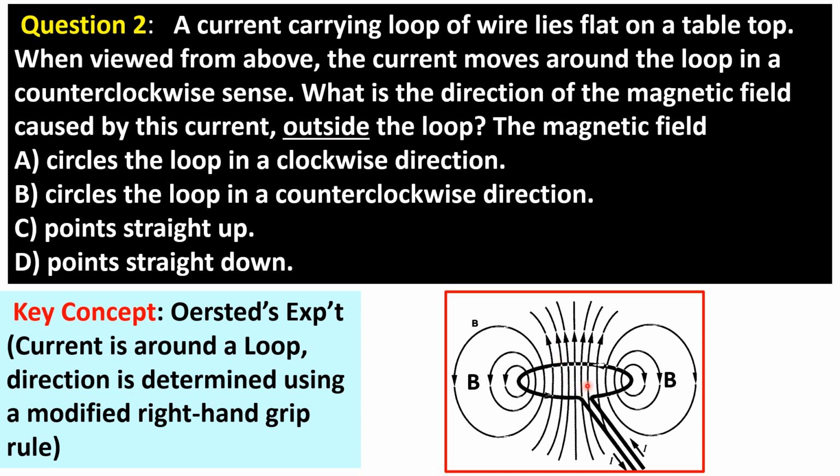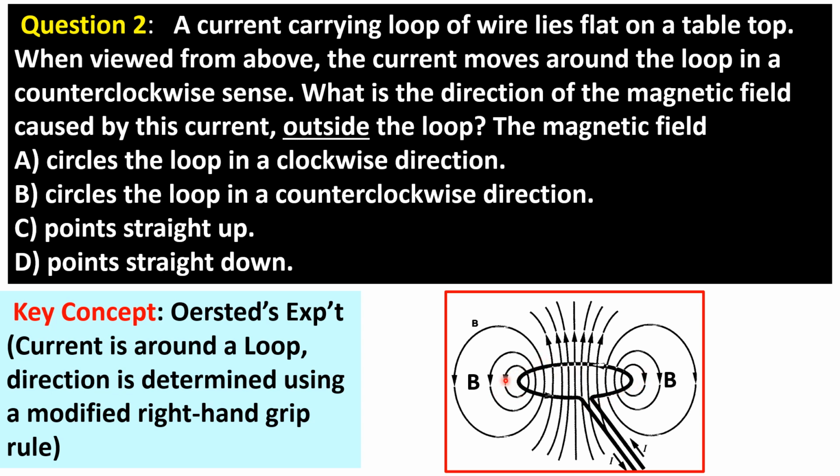Usually, it is the magnetic field induced around the loop inside. That is what is most usually asked in a lot of questions. But this time, we are talking about outside.